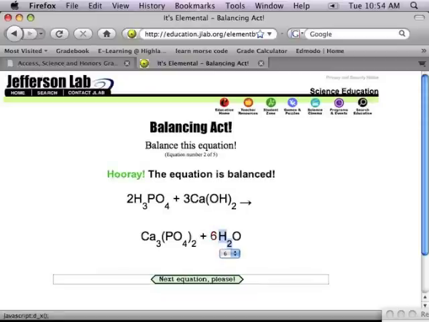Okay, so let's see what we did wrong with the oxygen. Obviously I messed up with the oxygen, so let's go back and look at that. With the 6 being correct, we have 6 oxygens here. We have 4 times this 2, so we have 8 plus that 6. So we have 14.